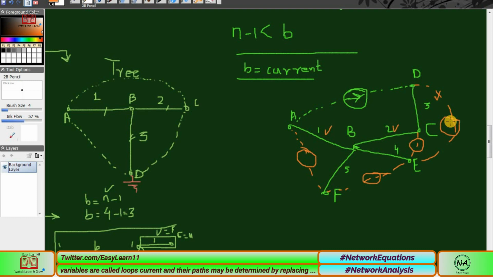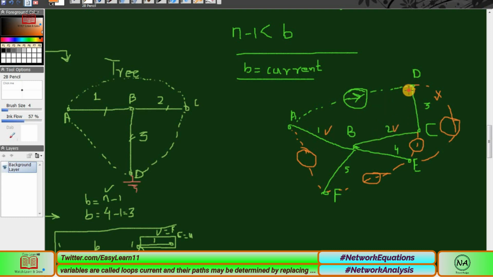What I am saying here is the number of variables necessary to fix the branch currents. You can see there are different numbers of variables that are required for calculating the branch current.